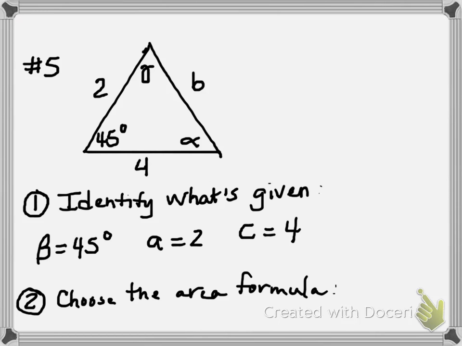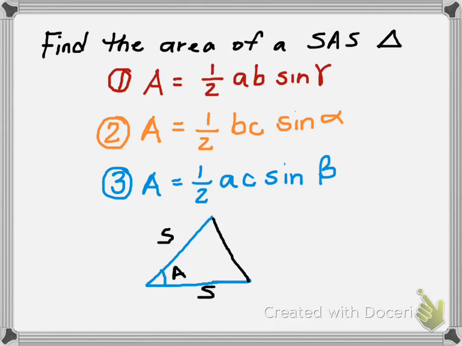Once I've identified what is given, I'm looking to see which formula I can use. So I'm going to go back to the previous screen because I have A, C, and beta. So I'm given A, C, and beta, so that means I'm going to use this formula right here, number 3.